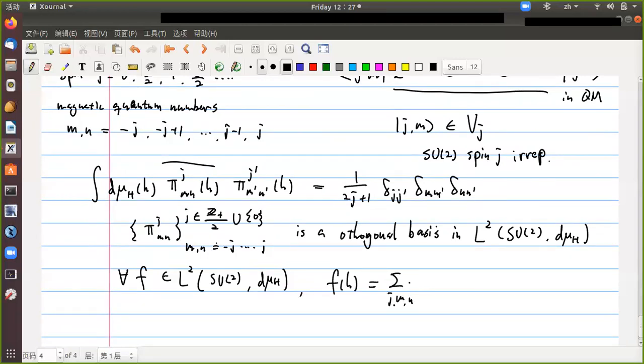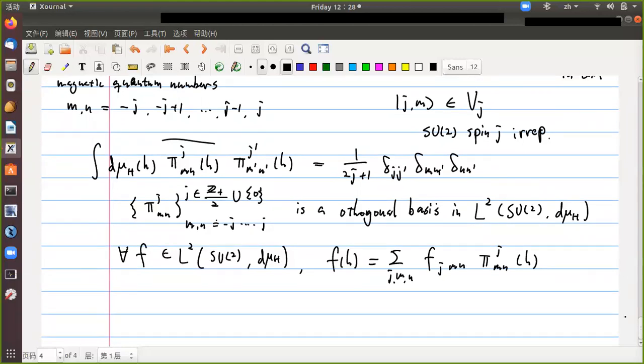f^j_mn pi^j_mn(h). So for any wave function in this Hilbert space, it can be written as a linear combination of bases.